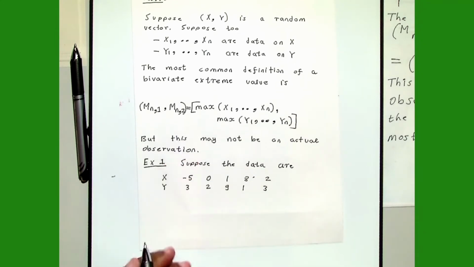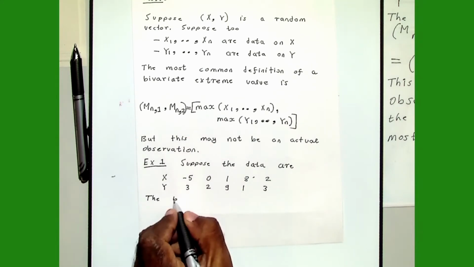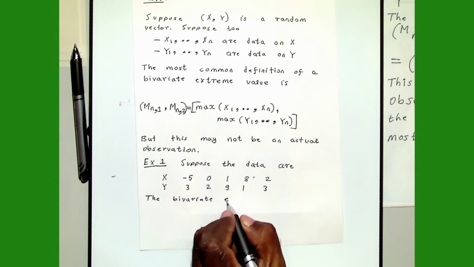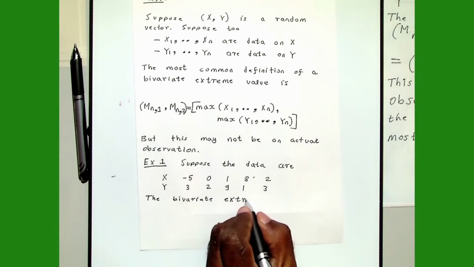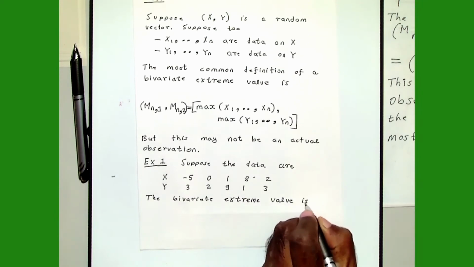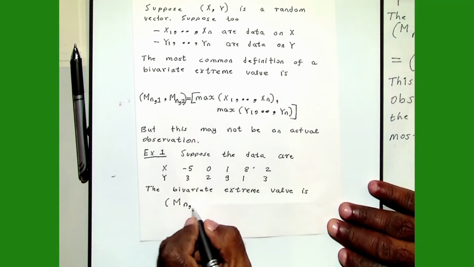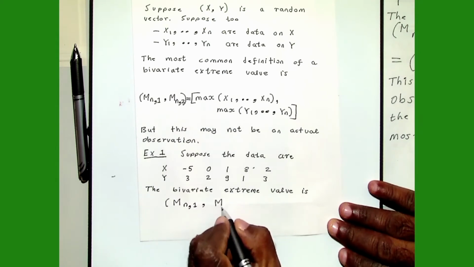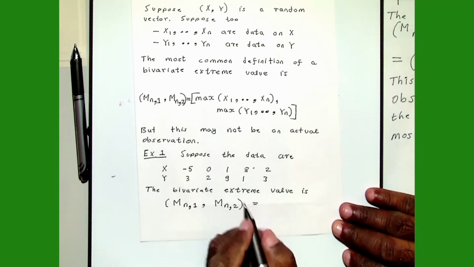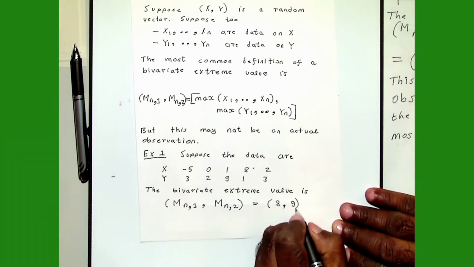According to this definition, the bivariate extreme value is, you take the largest of the x's, which is 8, and you take the largest of the y's, which is 9.